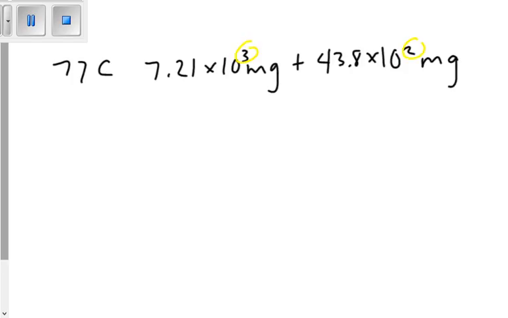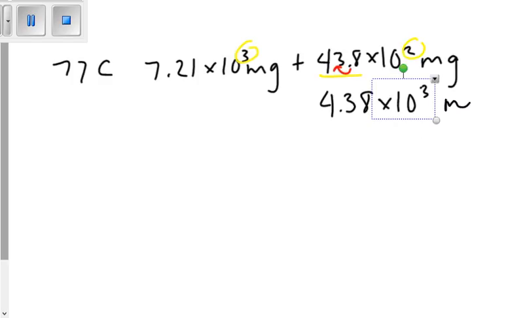They are not the same. 43.8 is not in scientific notation, so I'm going to go ahead and make it in scientific notation, move that decimal over. So I have 4.38 now, and because I moved it to the left, making that big number smaller, I have to add my exponent here, 10 to the 3rd milligrams.